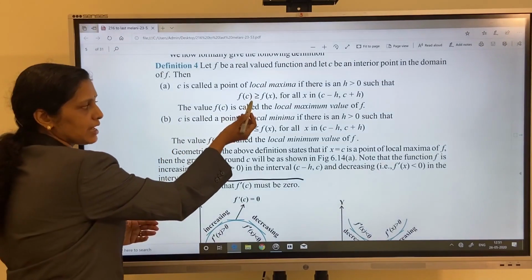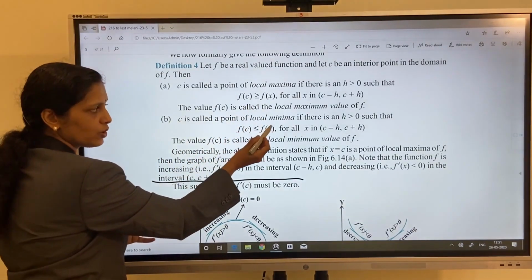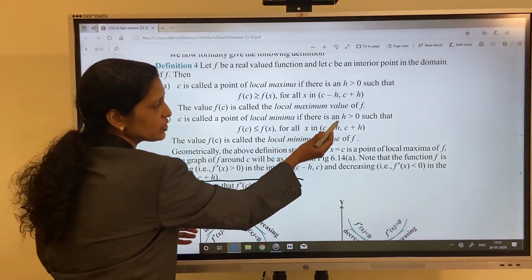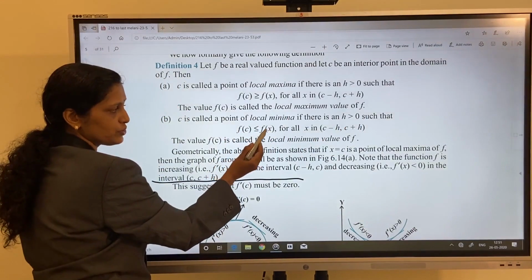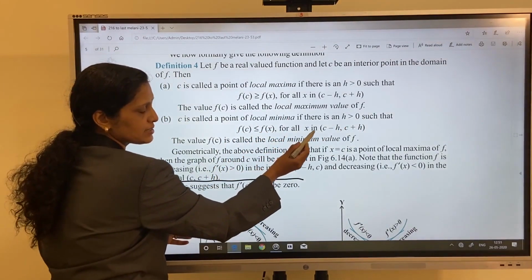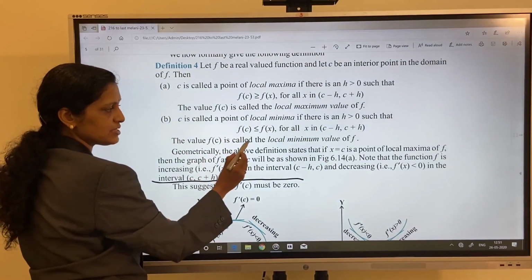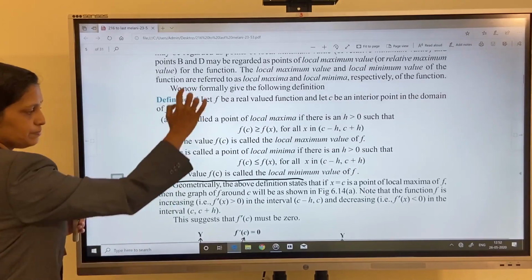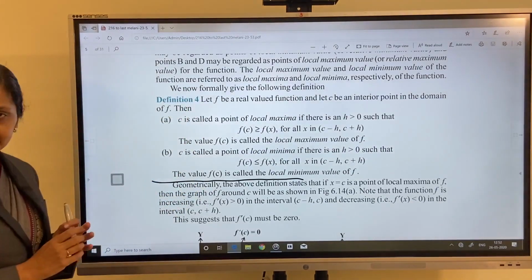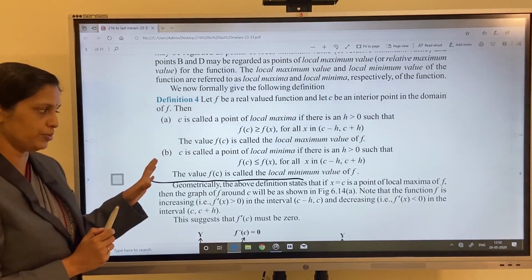And C is called a point of local minima if there is an h greater than 0 such that f of c is less than or equal to f of x for all x in c minus h, c plus h. The value f of c is called the local minimum value of f. Write up to here as the definition of local maxima and local minima in your notebook.